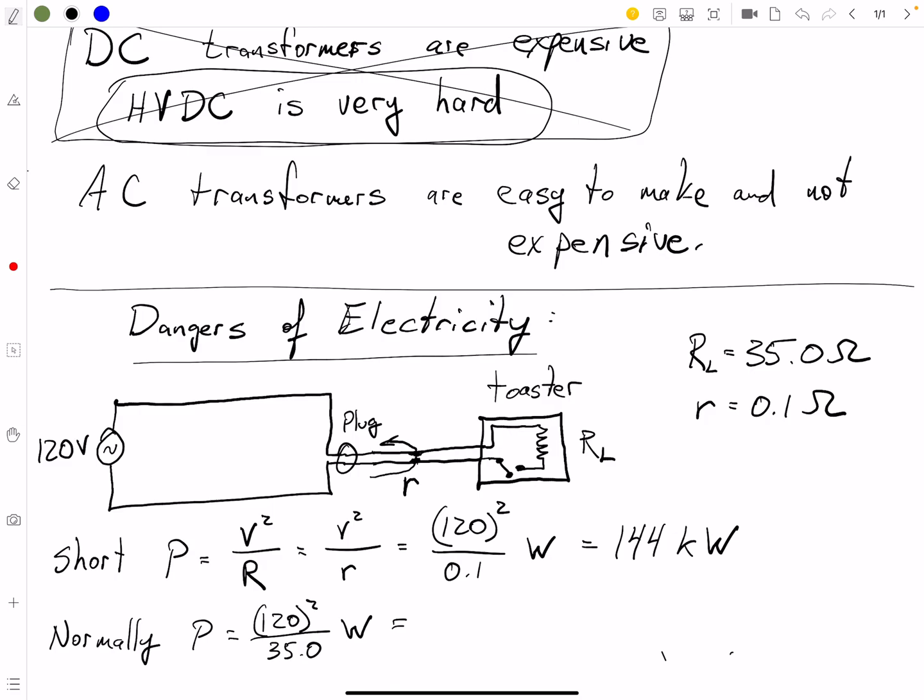And I don't know why I don't have that written down in my notes, but 120, we're going to square that, and we're going to divide by 35. 411 watts. So a toaster, and these are actually pretty good numbers. This is a good number for a toaster. Toasters use up quite a lot of watts. They don't do it for very long, but they do.